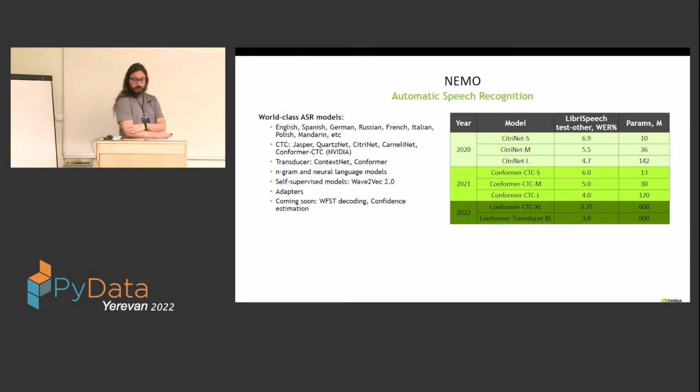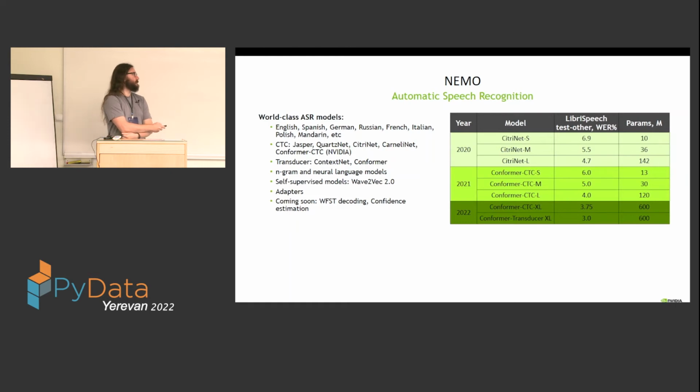Like in 2020, we had like 4.7 word error rate. For automatic speech recognition, the word error rate is the main metric of model accuracy or model quality. So for example, we got from 4.7% of the errors to 3.0, which is quite huge.